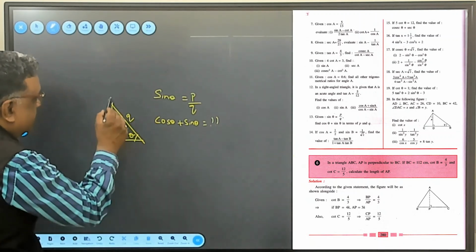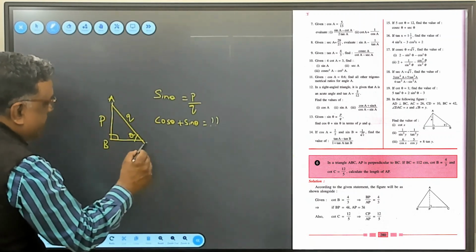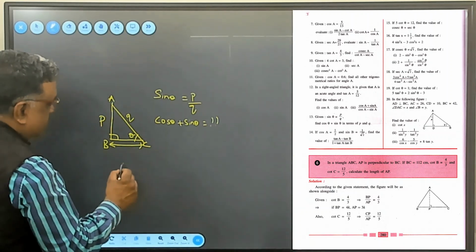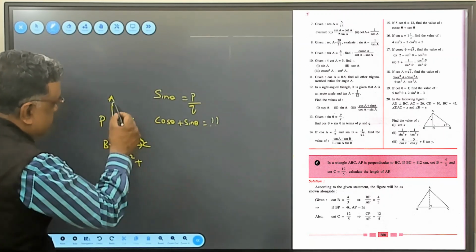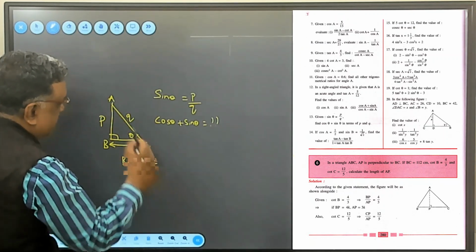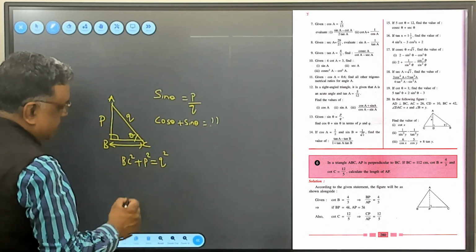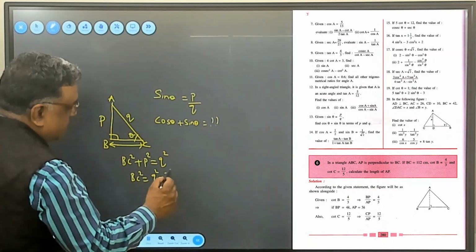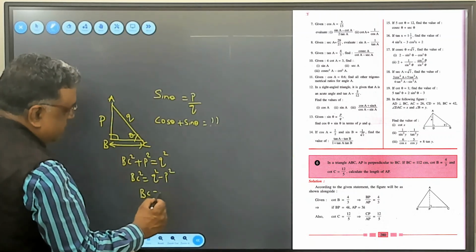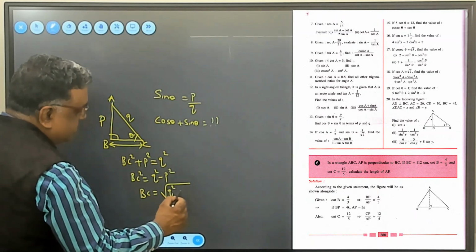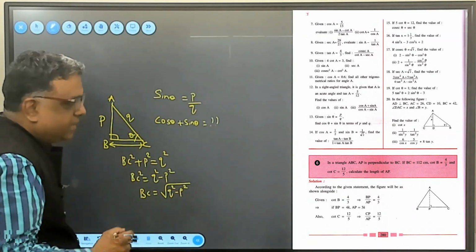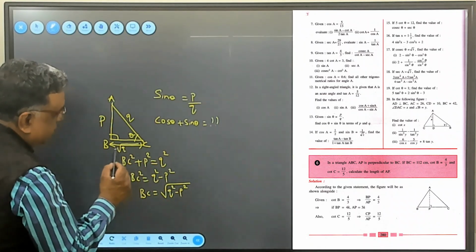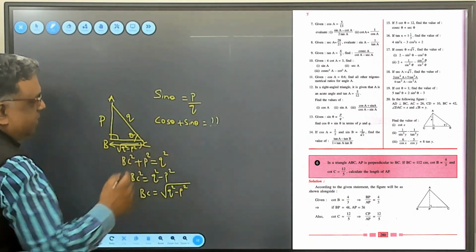Now let us say this triangle is ABC. I will need this side also, so I will apply the Pythagoras theorem. BC square plus AB square, which is P square, is AC square, which is Q square. So BC square becomes Q square minus P square, which means BC will become square root of Q square minus P square. Now I need to find the value of this.